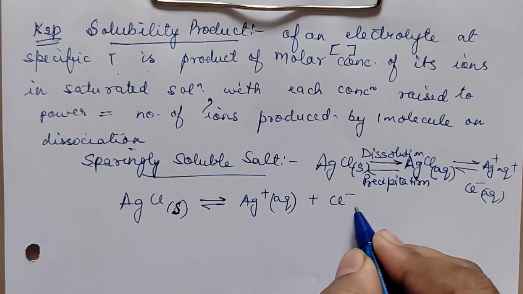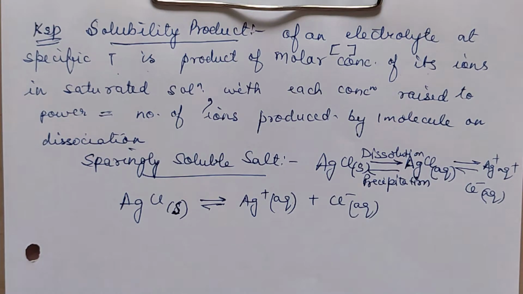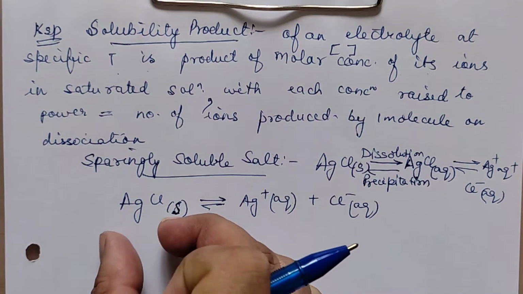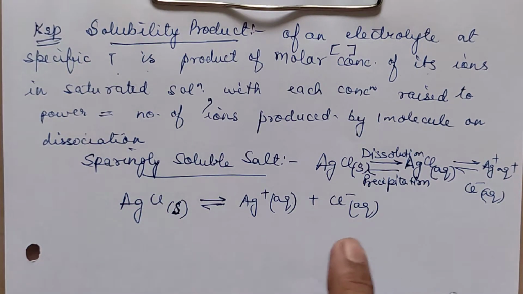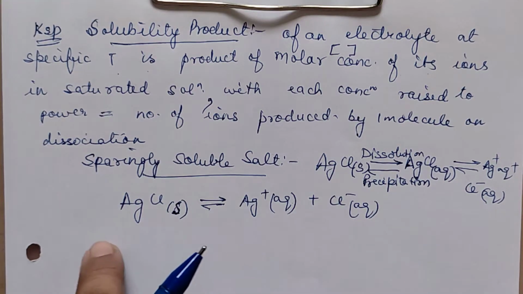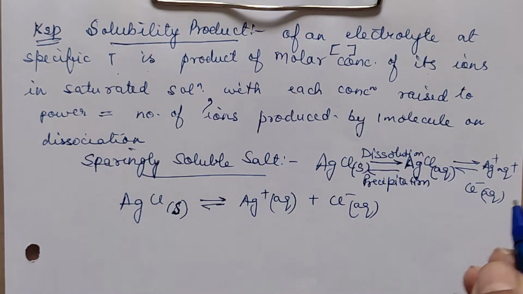Sparingly soluble means not completely soluble. Whatever amount you are dissolving forms ions, and the same amount is getting converted back into the precipitate. That means dissolution and precipitation, both processes, are taking place in a sparingly soluble salt.